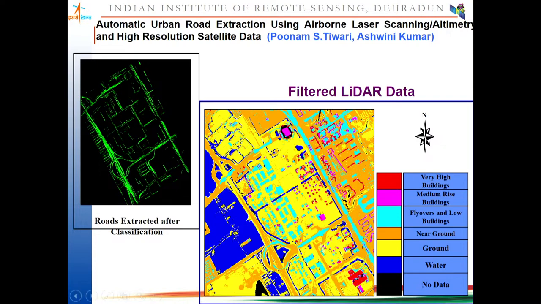You can see here that the data was classified into very high buildings, medium buildings, flyovers and low buildings, height-wise. Now you can see that the flyovers and some roads and some buildings correspond to the same height values. Then ground or near ground, water body, and then after classification the roads were extracted.